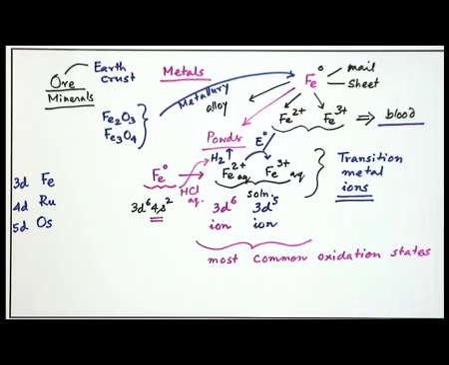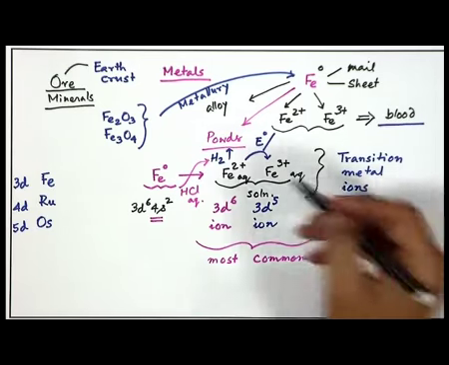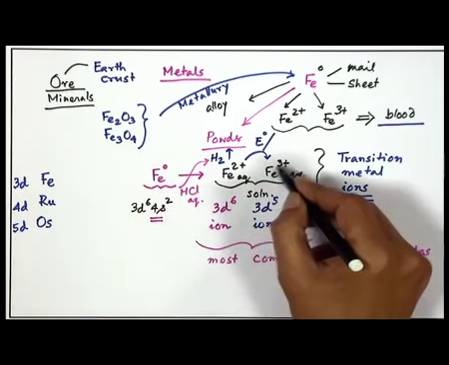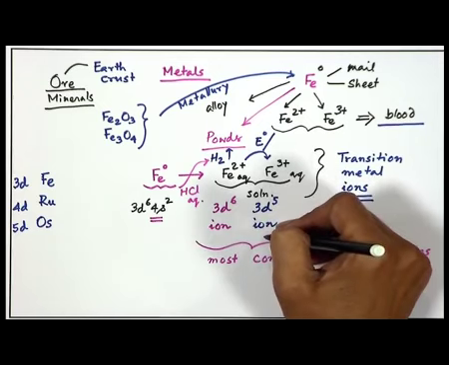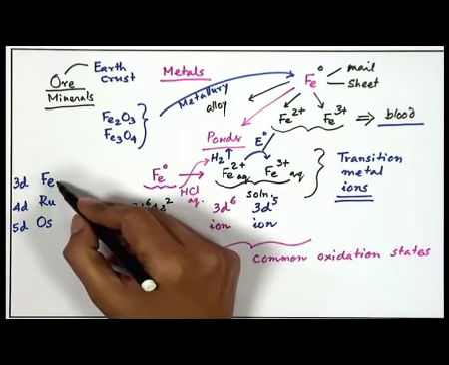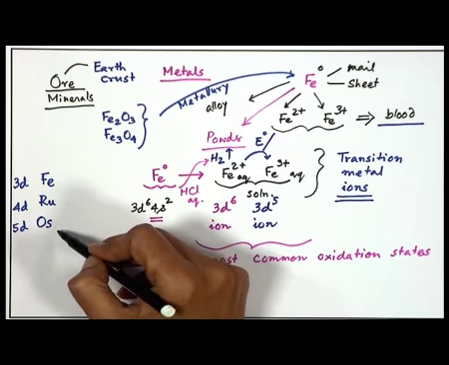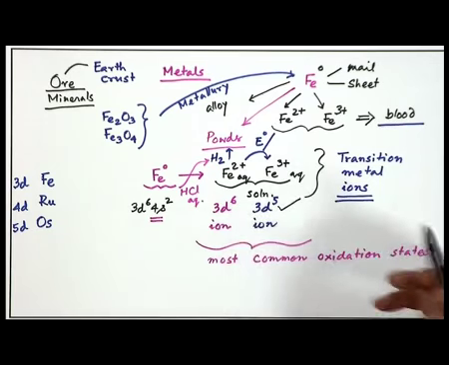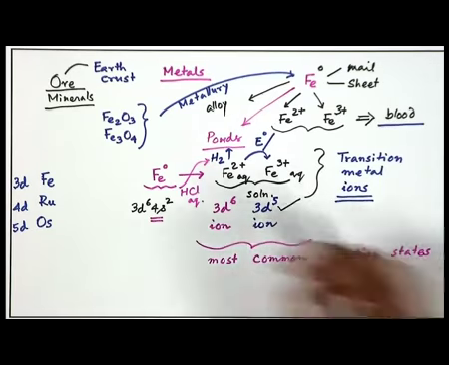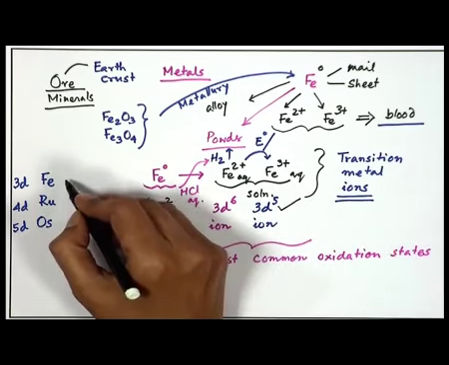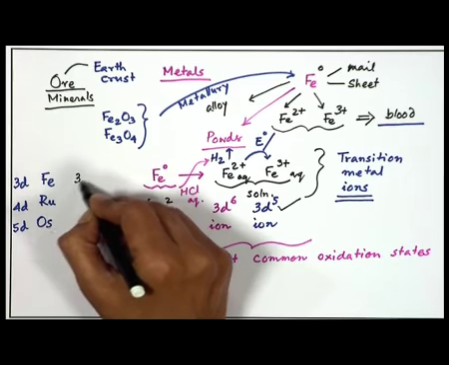If we consider the trivalent state for iron, trivalent state for ruthenium and trivalent state for osmium, this is the electronic configuration, which is 3d5 for iron. So, iron 3 plus will be 3d5.